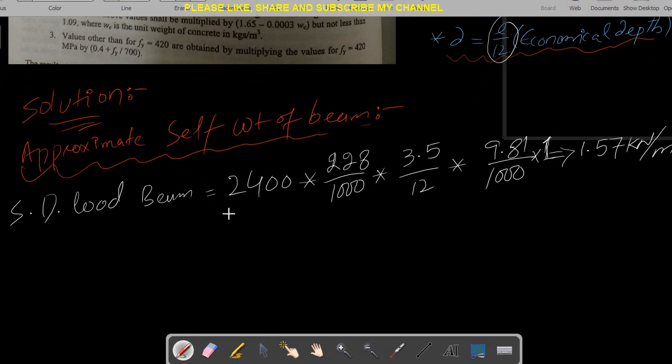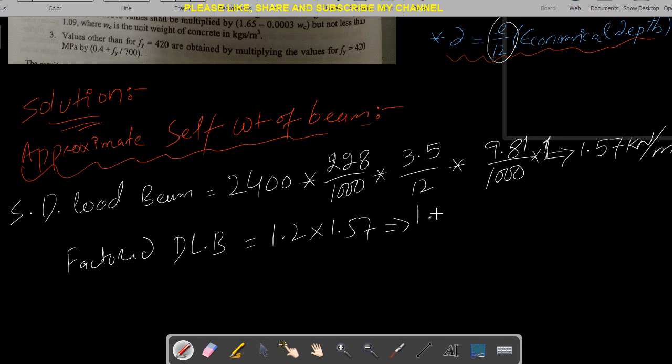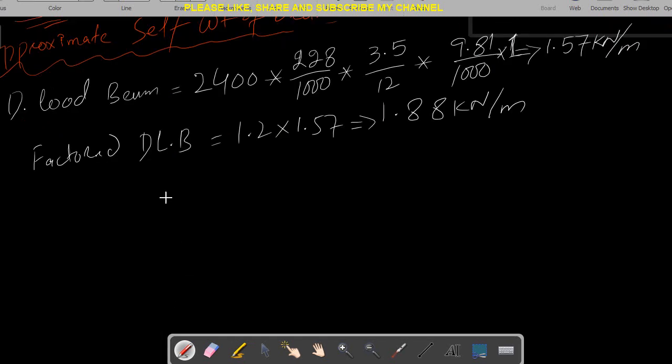So if we factor this load, the factored dead load of beam is 1.2 times 1.57, and we got 1.88 kilonewton per meter. Now we need to find the equivalent width, right?